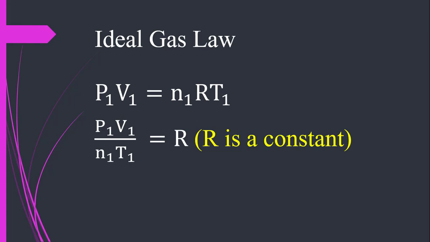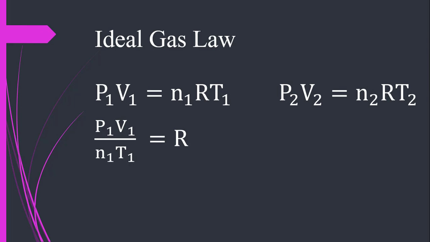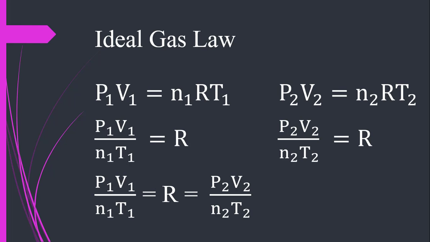So now if you change the conditions of the gas and are now in condition number 2, you can write that P2V2 equals N2RT2. That can be arranged to P2V2 divided by N2T2 equals R. So P1V1 divided by N1T1 equals R, which is equal to P2V2 divided by N2T2.